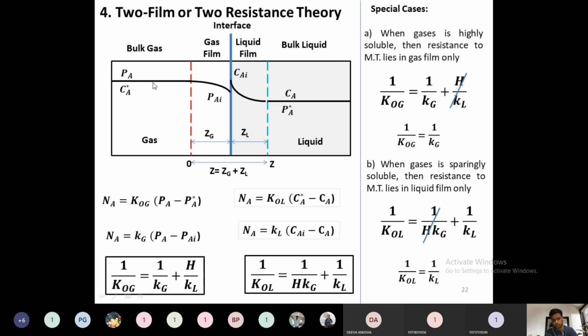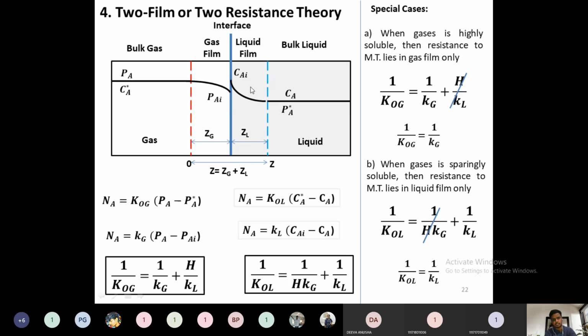The graph is a straight line. Only after the film does the concentration of A drop. Similarly, the concentration at the interface in the liquid phase drops only up to the film. After the film, it remains the same as the bulk concentration. Only within this film does the mass transfer take place.